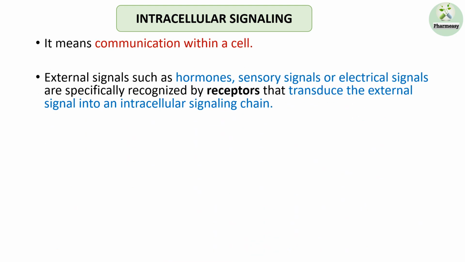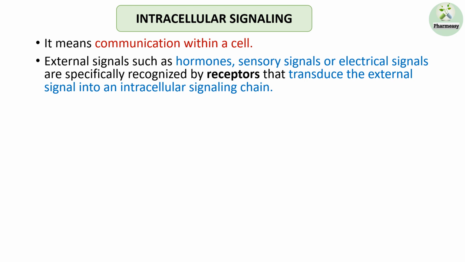Now, our next topic is intracellular signaling, which means communication within a cell. External signals such as hormones, sensory signals, or electrical signals are specifically recognized by receptors that transduce the external signal into an intracellular signaling chain.